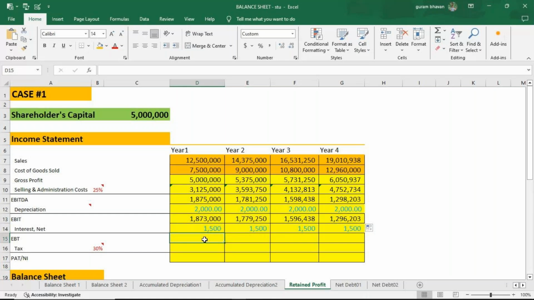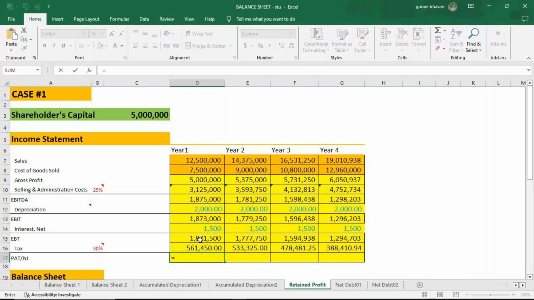So equals EBIT minus interest. So EBT, earnings before tax. Tax rate is 30% of the earnings before tax, so the value has to be put on EBT into 30%. Now profit after tax or net income equals EBT minus tax.